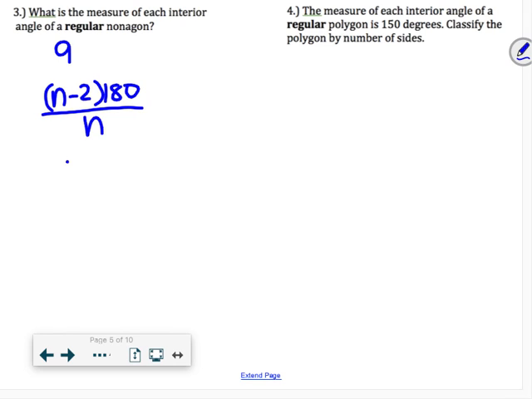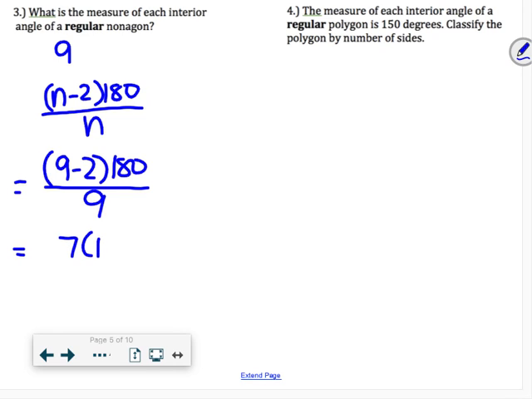So this is going to be 9 minus 2 times 180 divided by 9, or 7 times 180 divided by 9. Make sure you don't divide by 7. Most students do a great job subtracting 2 on the numerator, but then they don't divide by the right thing.